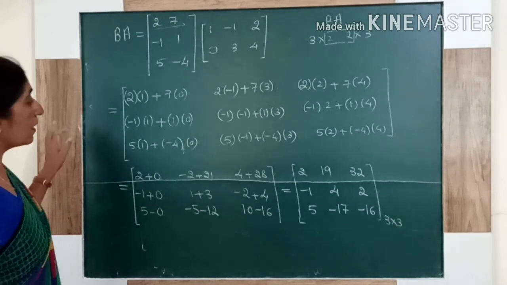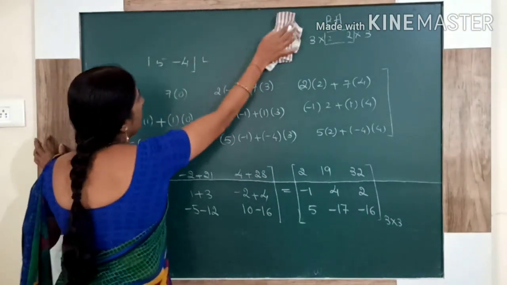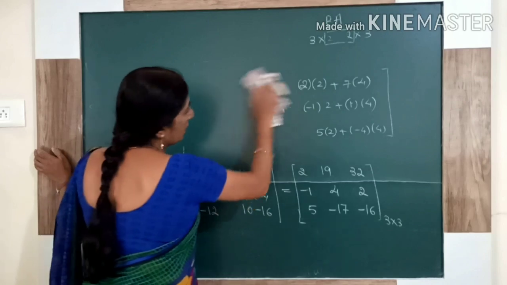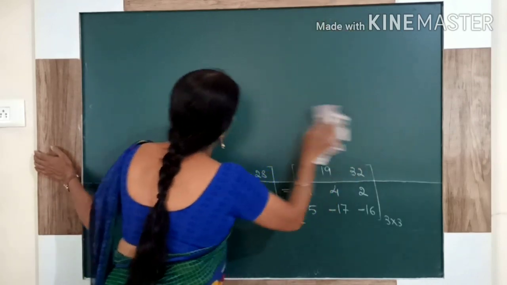That means in a multiplication, when you are multiplying two matrices, now the definition will be very clear.